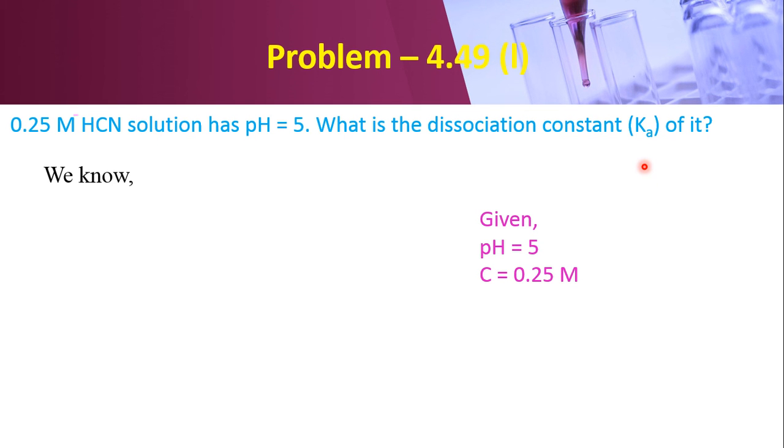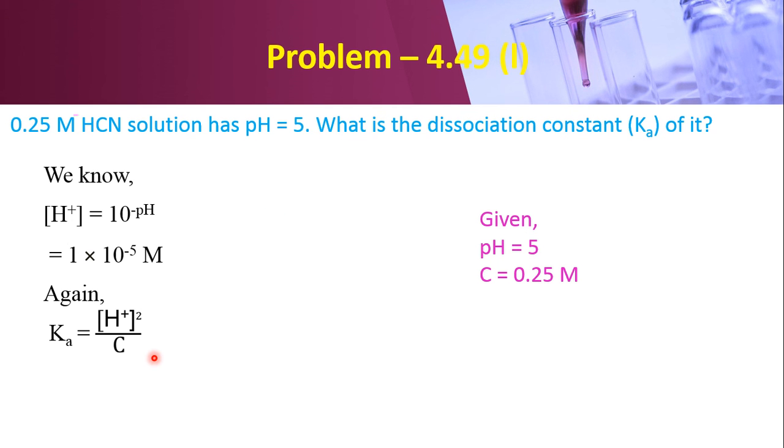We know the formula that Ka equals concentration of hydrogen ion whole square divided by C. But here the concentration of hydrogen ion is not given. Here the pH value is given. So at first you have to find the concentration of hydrogen ion from this pH.